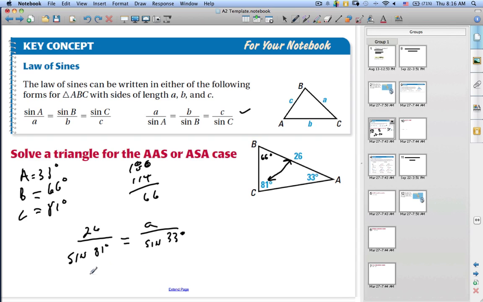To solve this for side A, I multiply both sides by the sine of 33 degrees, and I have 26 divided by the sine of 81 degrees.